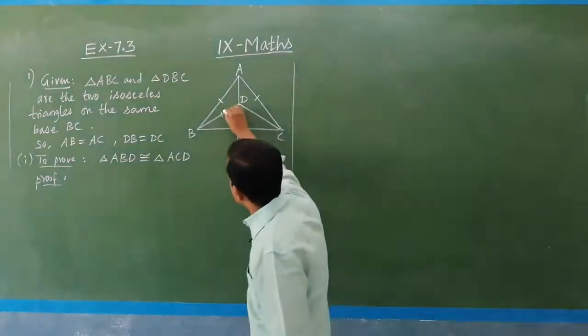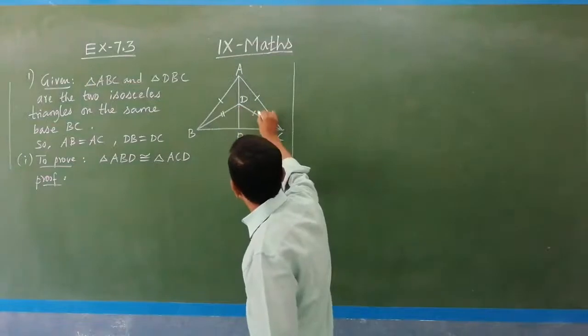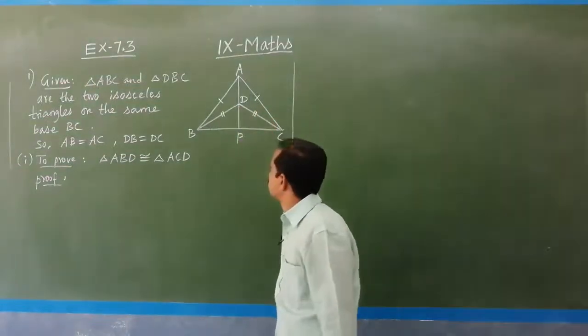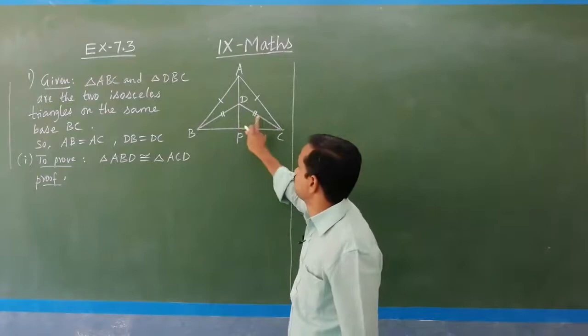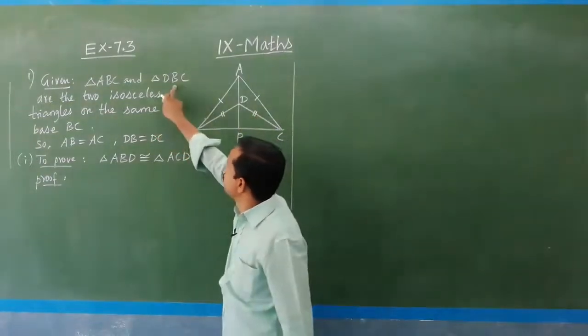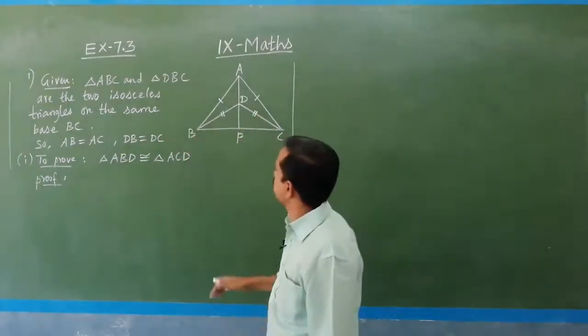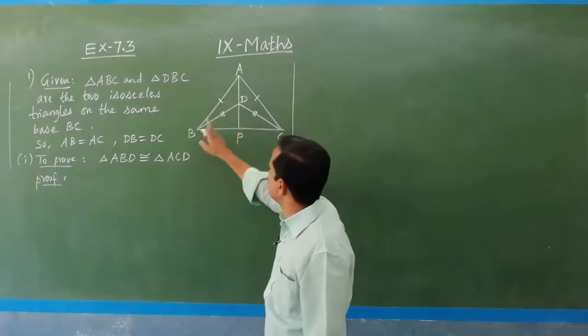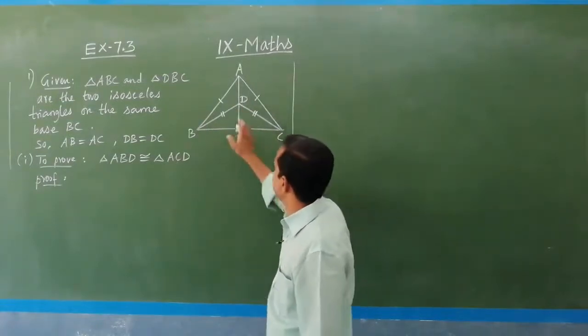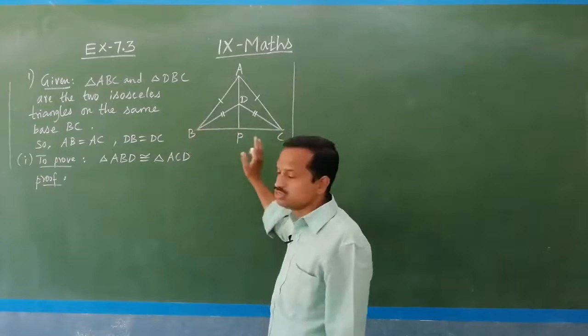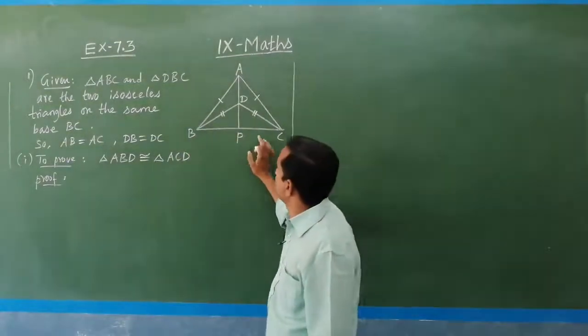So these two sides are also equal, I am putting the double mark, because it is given DBC is also an isosceles triangle on the same base BC.